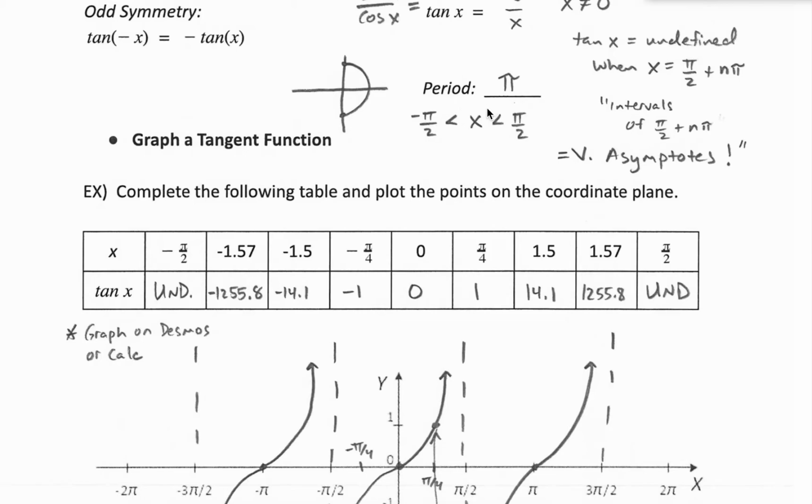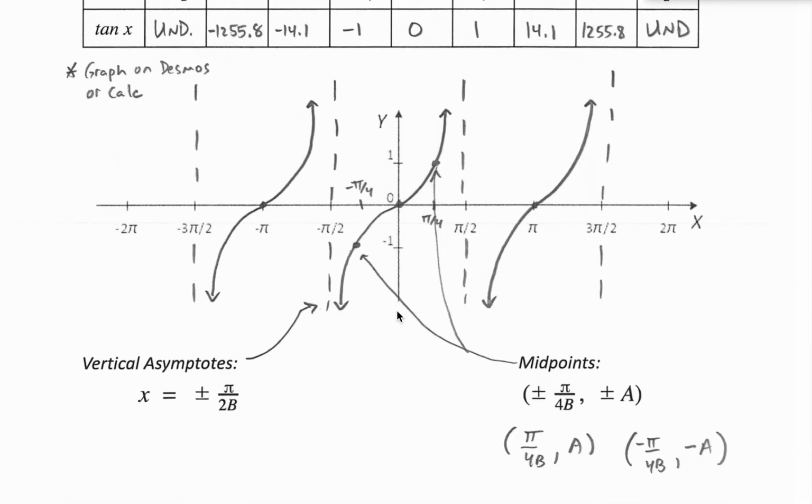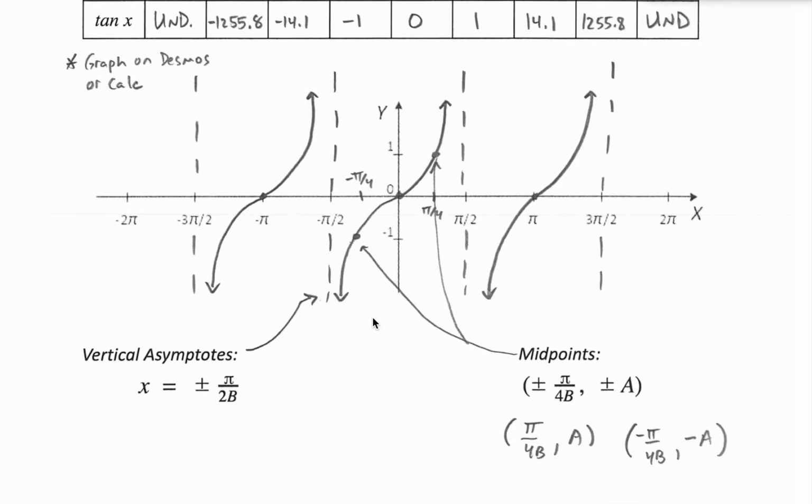So we found our period with sine and cosine by doing 2 pi over b. Now our period length is just pi for tangent, so our period is going to be pi over b. Half of that, half of your period, is going to tell you where your vertical asymptotes are. So pi over 2b is half of pi over b.